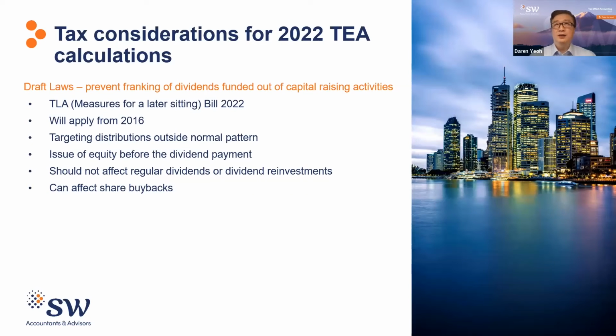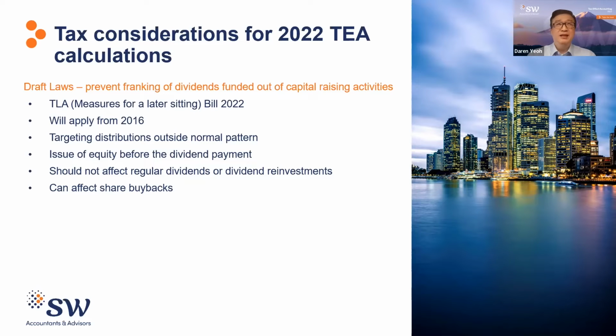The next one is relevant if you're receiving franked dividends during the year. So this is a draft bill, but the legislation applies retrospectively to 2016. The draft legislation seeks to deny the franking of dividends which are funded out of capital raising.